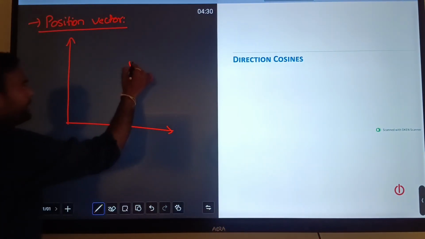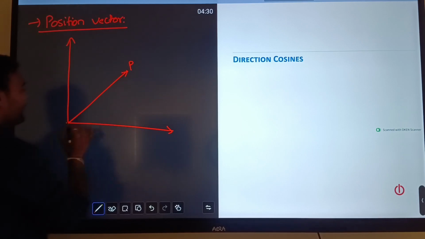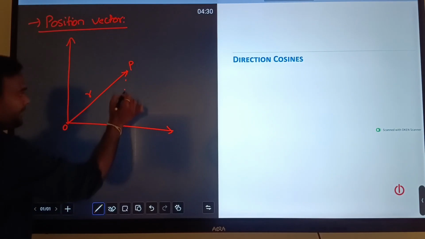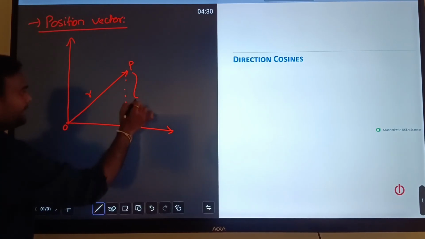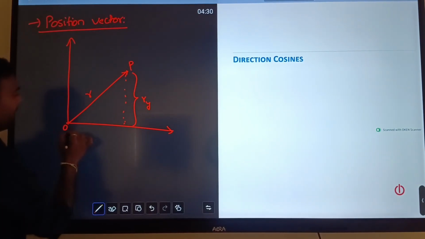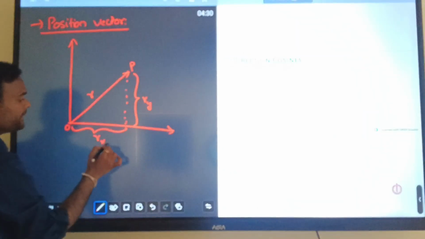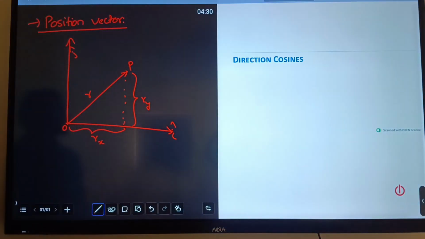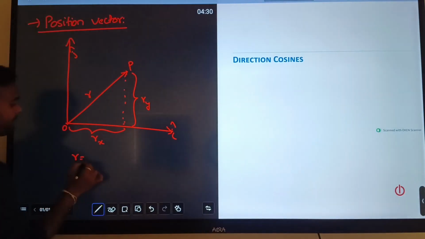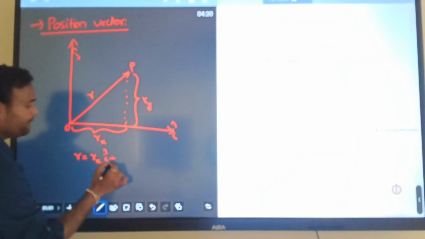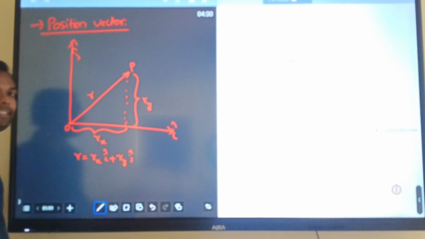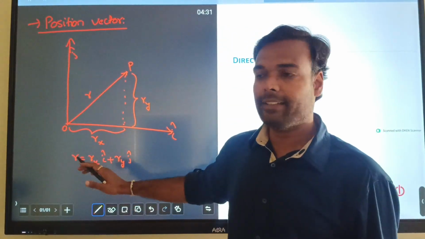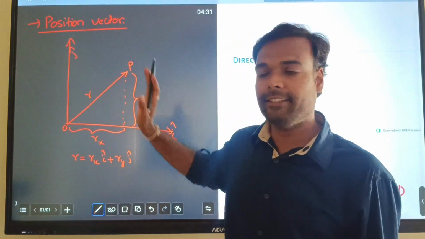This point P is at a position with respect to the origin, at the position R. Now along the y-axis it has ry, along the x-axis it has rx. Now orthogonal unit vector i cap, orthogonal unit vector j cap. Now R is equal to rx i plus ry j. This is the position vector represented using orthogonal unit vectors with the magnitudes on the x-axis and y-axis respectively.